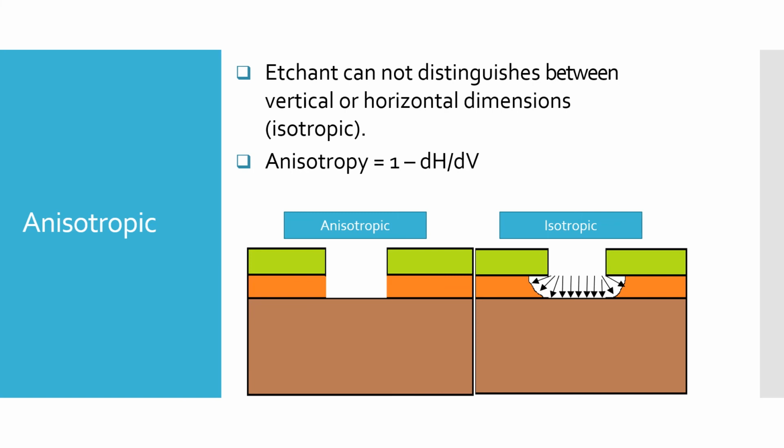For isotropic etching, you can see in the picture there is undercut under the mask, but for anisotropic etching, you can produce a very clean etching process.